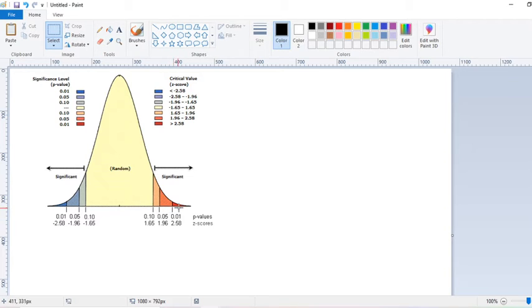Suppose the p-value obtained is, what is the p-value corresponding to this region?